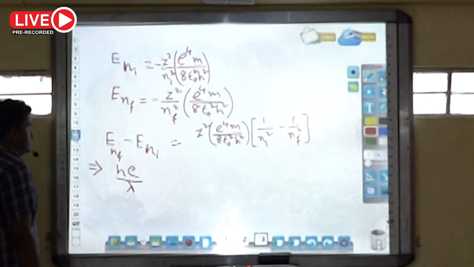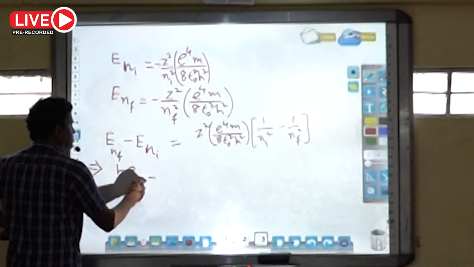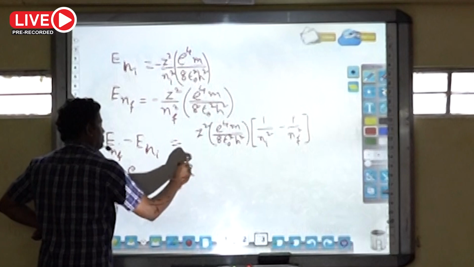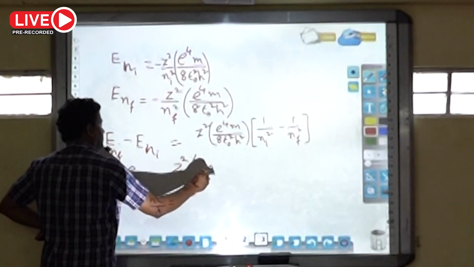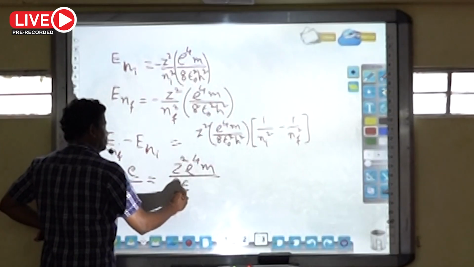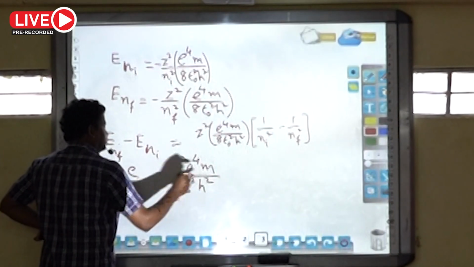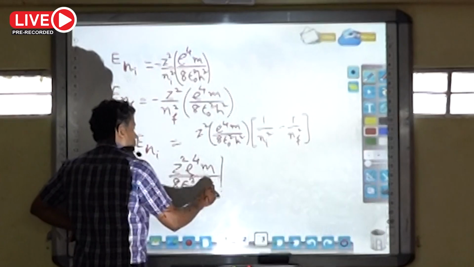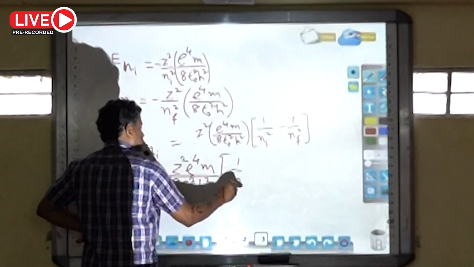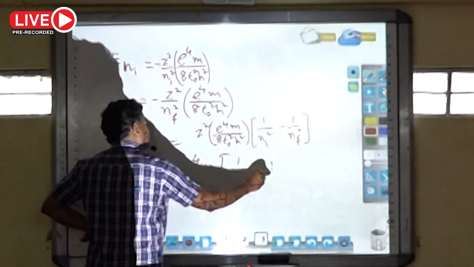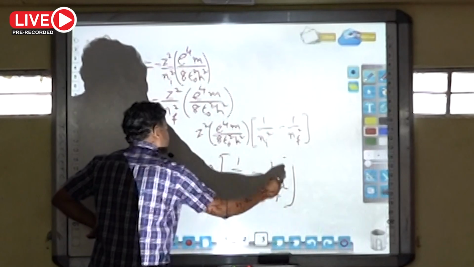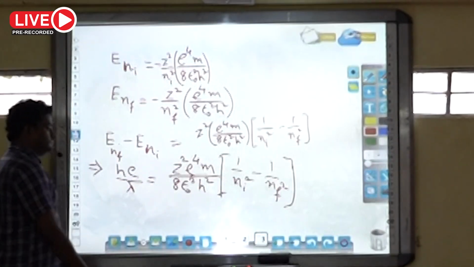Then I can write this one as Z square e to the power 4 m by 8 epsilon naught square h square into 1 by Ni square minus 1 by Nf square. Okay.